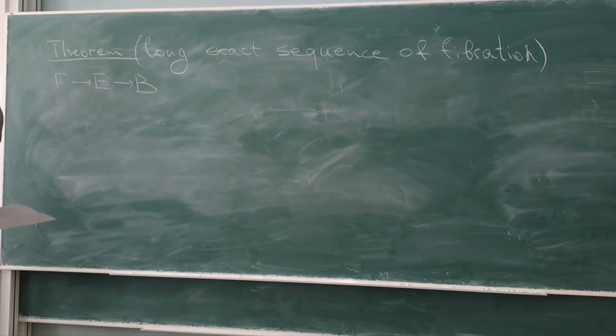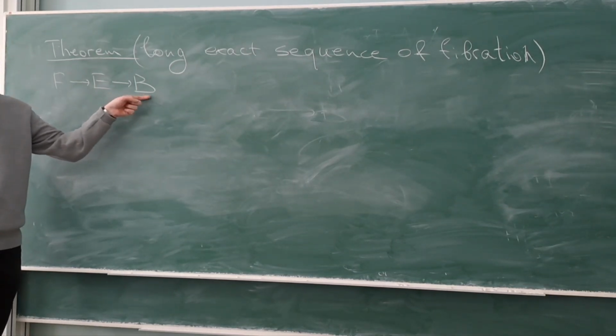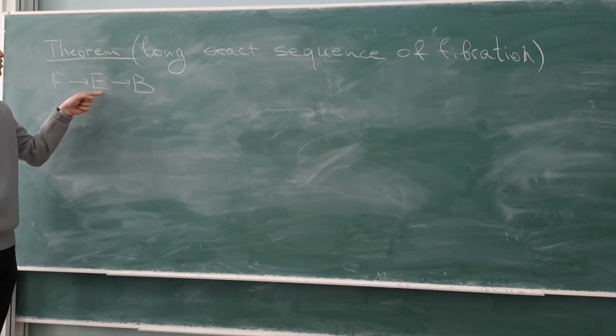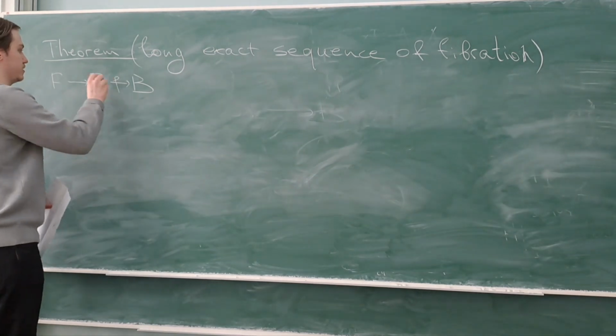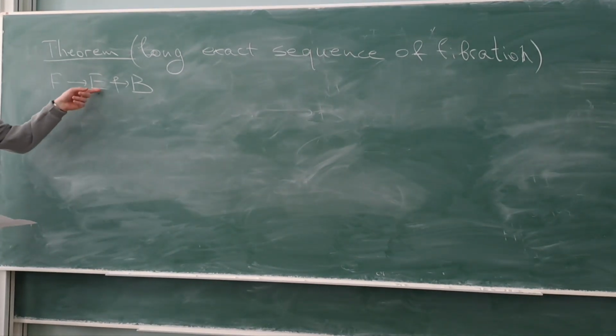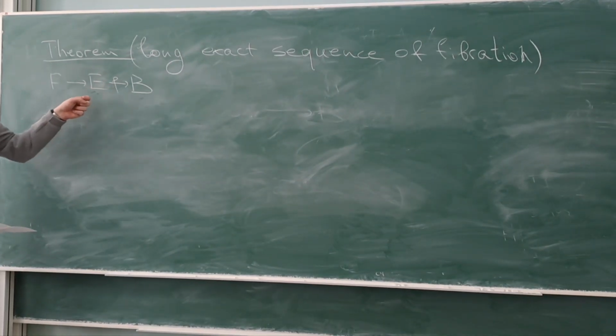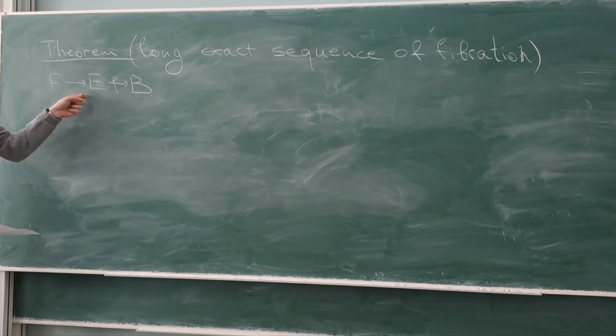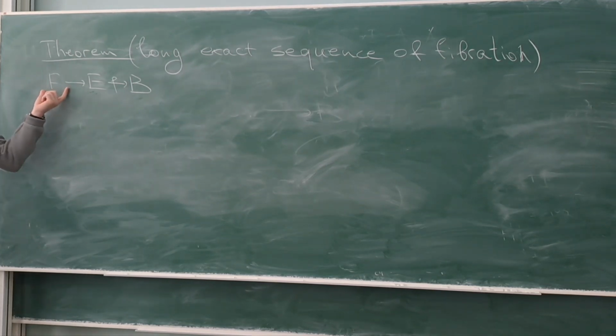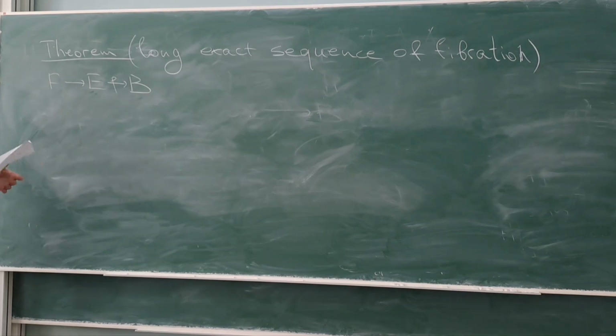I mean, again, we need to choose a base point in our base space, and to choose a base point in E such that the image, such that this P will be a base point preserving map, and F will be a fiber over this base point.